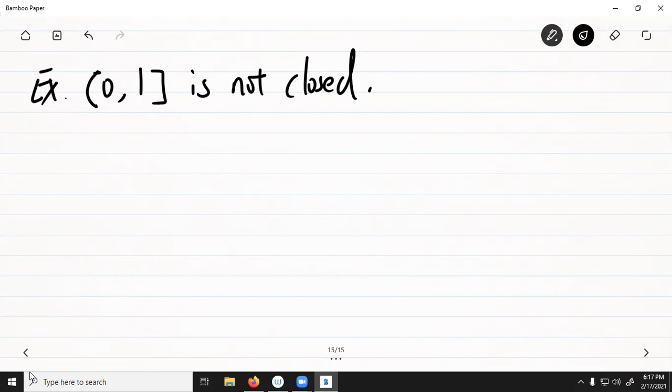Can you think of one example? Then you can say, okay, it's not closed. A very simple sequence.